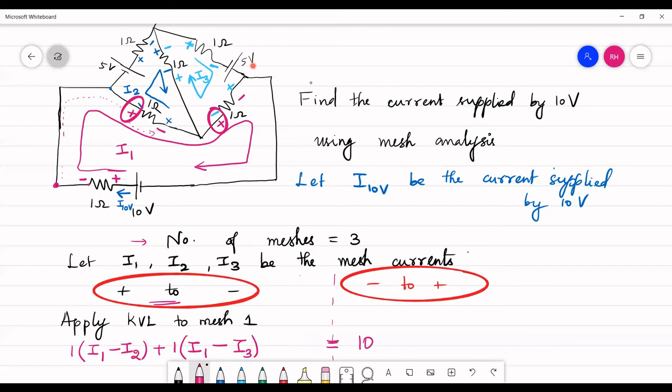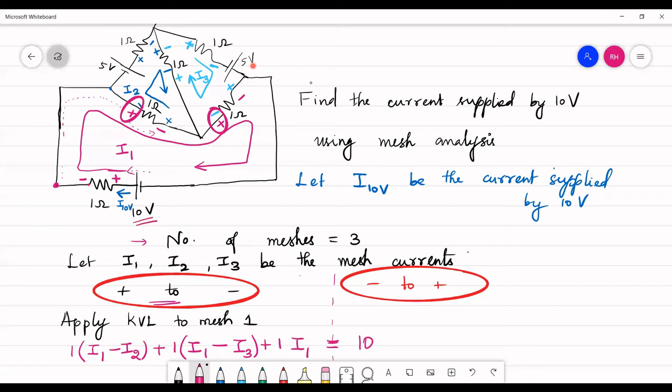And then I continue to travel. Beyond this point, I'm traveling from plus to minus, and the voltage drop that I find here is 1 into I1. Normally, students make a mistake of writing here 10 I1.